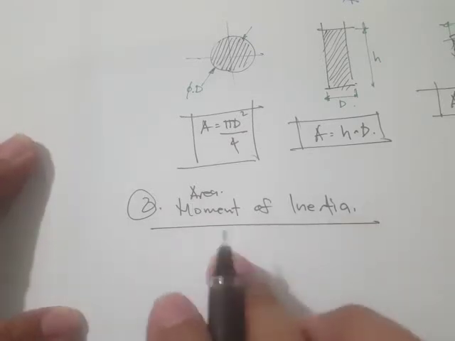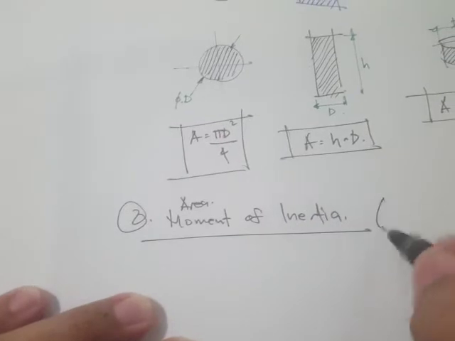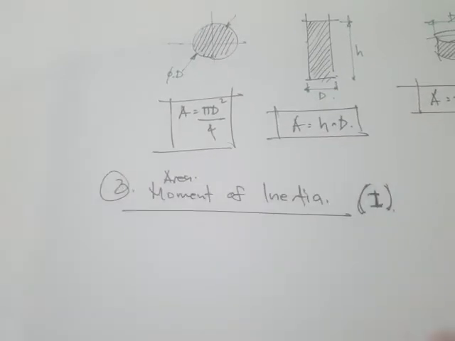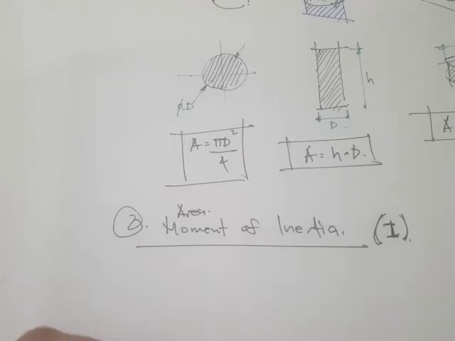But for us here, we only consider the area moment of inertia, and the symbol is simply I. This moment of inertia actually comes into play when we are dealing with bending. For torsion, there's a specific moment of inertia as well.